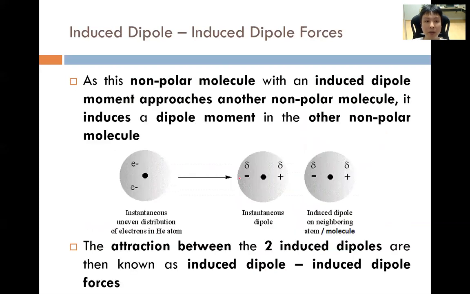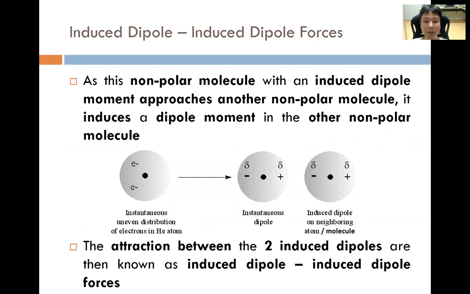Okay, so this is the same picture that I drew. For example, this molecule had its electrons evenly distributed, but at any instant of time, the electrons congregate on the left-hand side, creating a net dipole moment, whereby there is a delta minus on the left and a delta plus on the right.